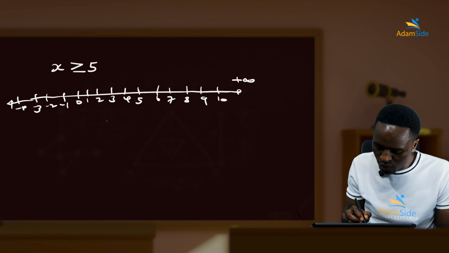Full bolded means 5 is part of the solution. So it can be 5, 6, 7, 8, 9, etc. to positive infinity. That's it. Wow, this is very, very important.